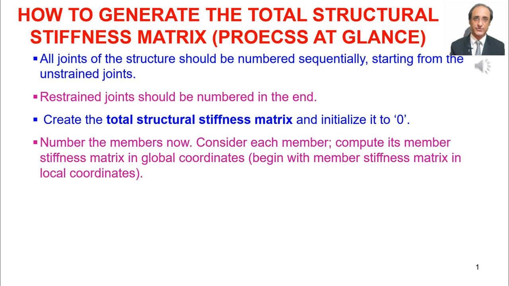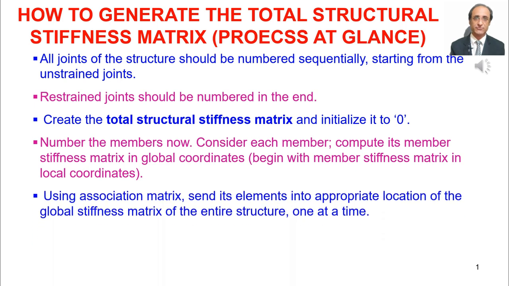Then we form association matrix, and using the association matrix we establish connection between the member degrees of freedom and the corresponding structural degrees of freedom. So once this is established, we send each element of the member stiffness matrix, which is now in the global coordinate system, into the appropriate locations of the total structural stiffness matrix.